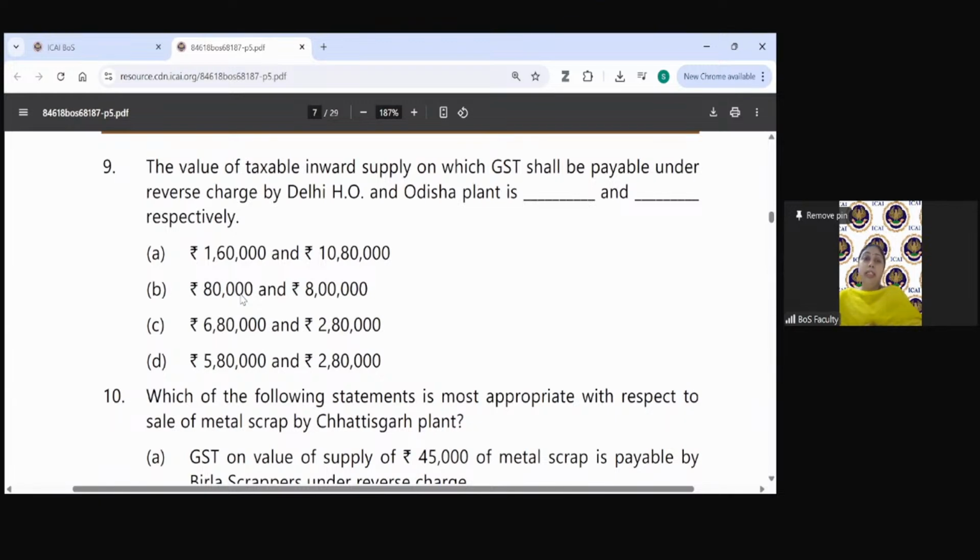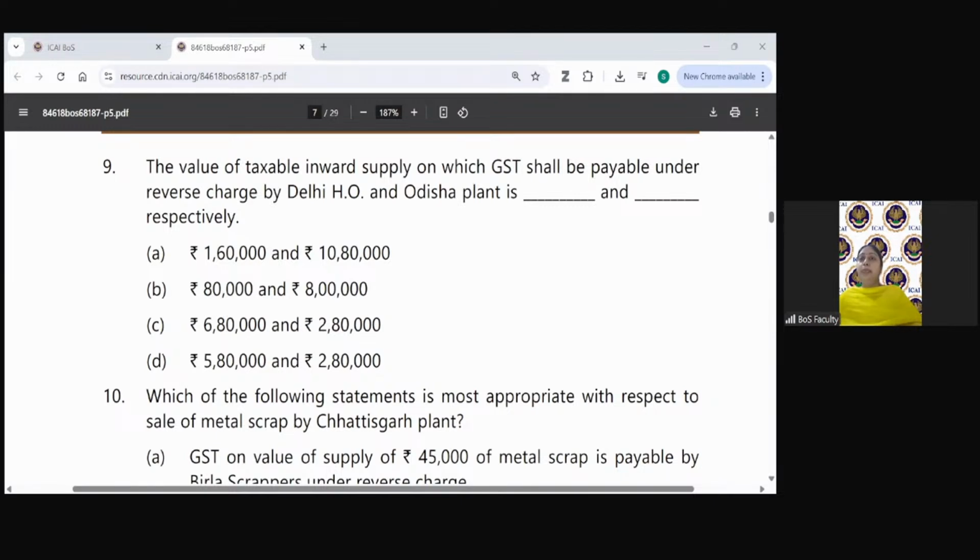Another important point, the third one, is that TDS is deducted when or while making payment. So payment is basically the event which triggers the TDS. If the concepts are clear, whatever facts may be given might seem difficult, and a lot of information might be given, but you will be able to identify the relevant information only if you have conceptual clarity.